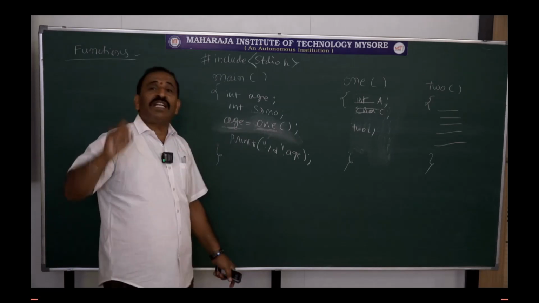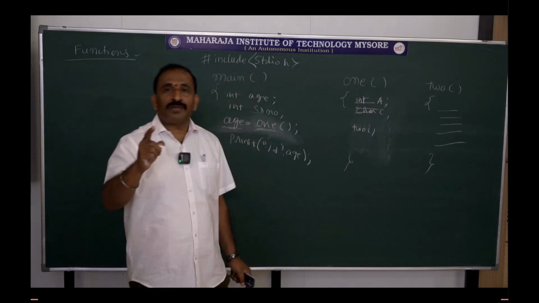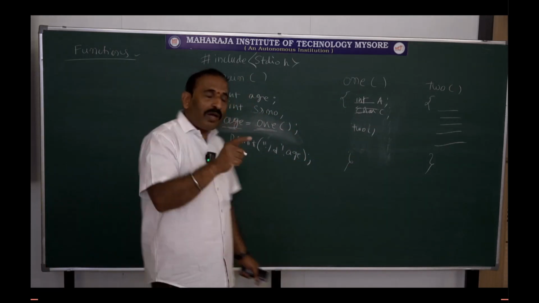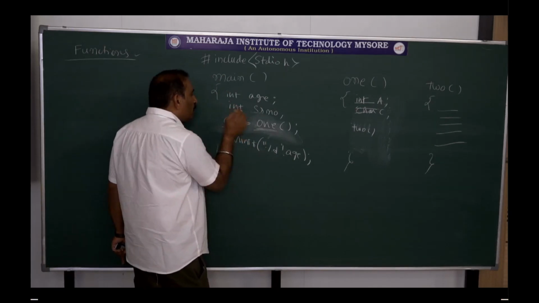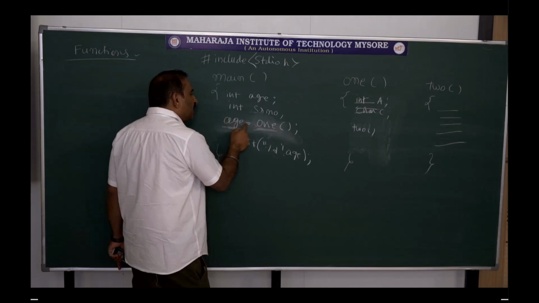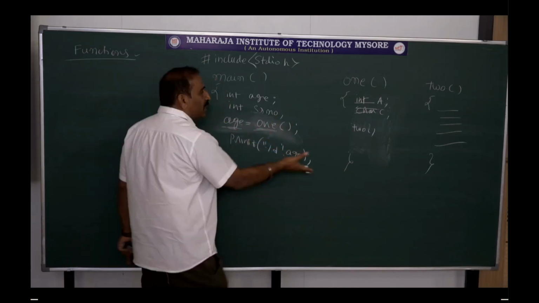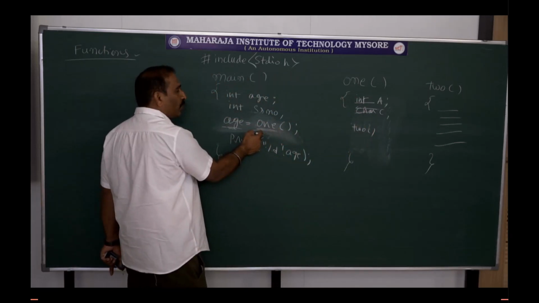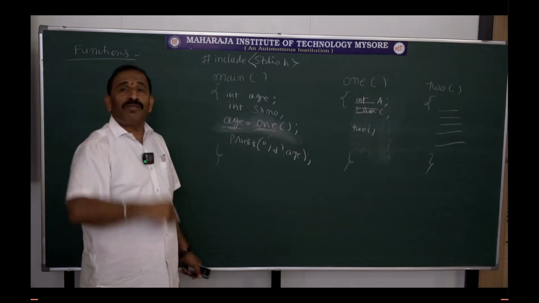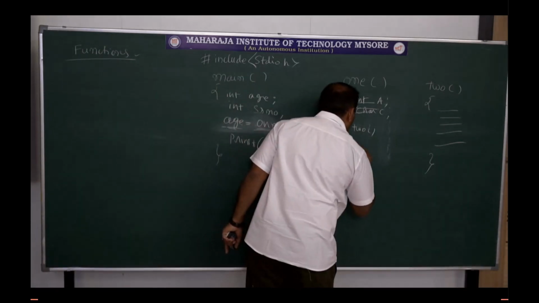So you should make a facility there. Whenever you are making an assignment like age equals function 1, it means some value should come from this to this. How to make that value come from there? Here there is a function called return.